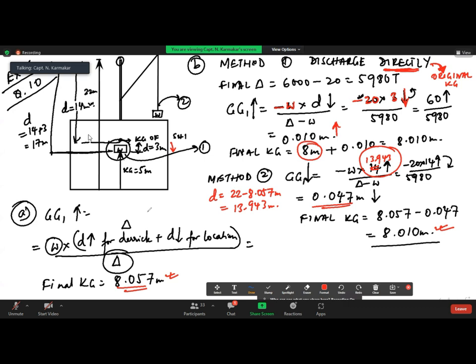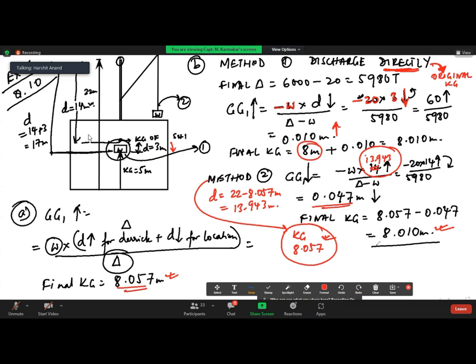Because जिसमें देखो, this becomes an error actually. 13.943 के जगह अगर हम 14 use करते हैं, तो this becomes an error. Why? Because when we are using this method too, the ship's kg for reference is 8.057. Therefore, my D has to be calculated with respect to this kg. Any doubts?